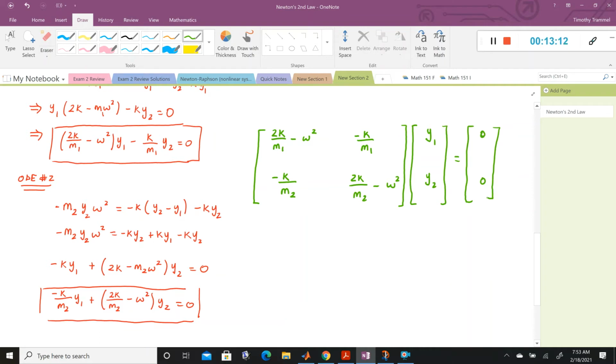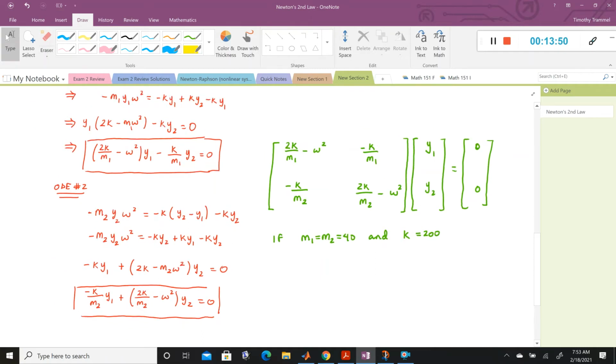So we have our matrix equation here now. Now, if we were to try to envision an example where maybe we have the same mass, something interesting happens. Let's maybe do that. Let's say M1 and M2 are both equal to 40, and K is equal to 200. What's that going to do to our system here?